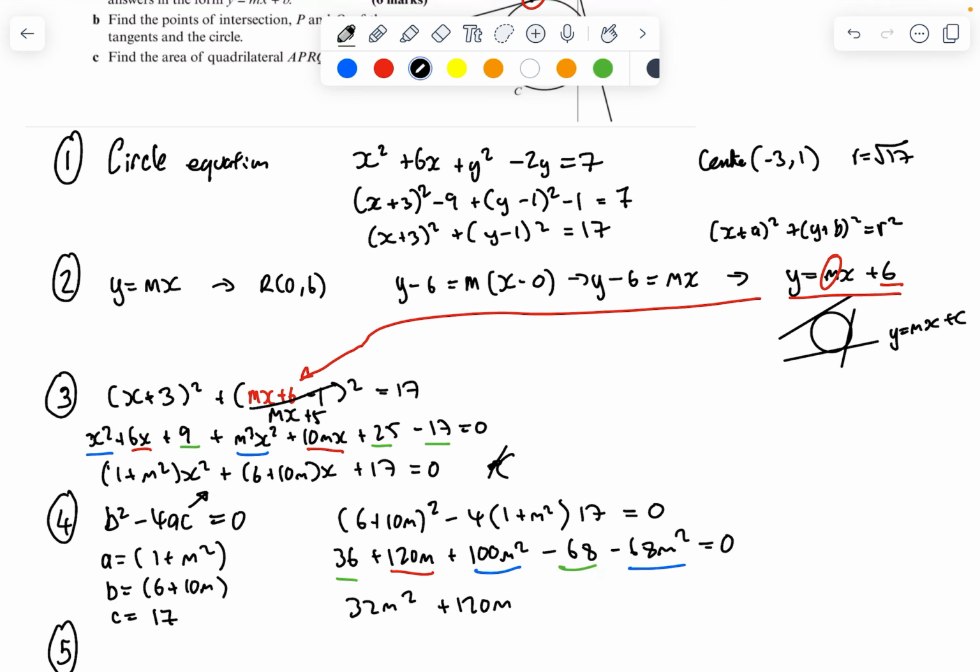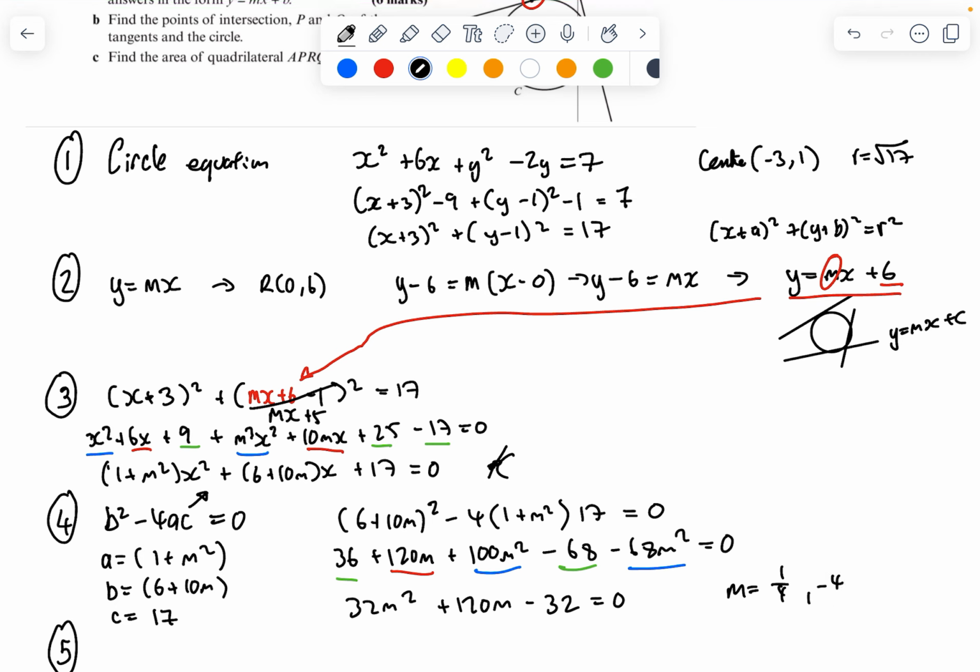So that is going to leave me with minus 32 equals 0. And then I need to solve that equation to find my value of m. So let's ask our calculator. Polynomial 32, 120, minus 32. I get a quarter and minus 4. So m equals a quarter and minus 4.